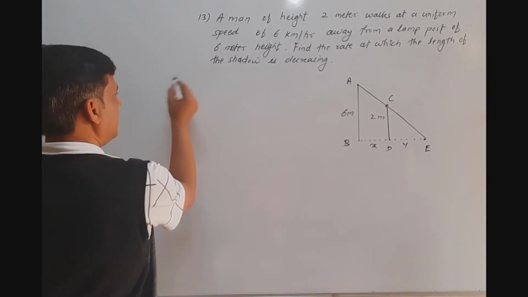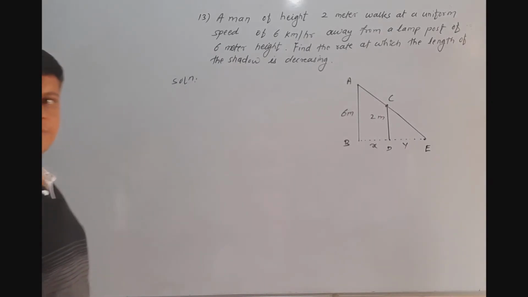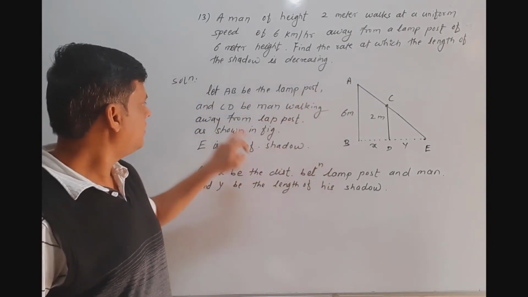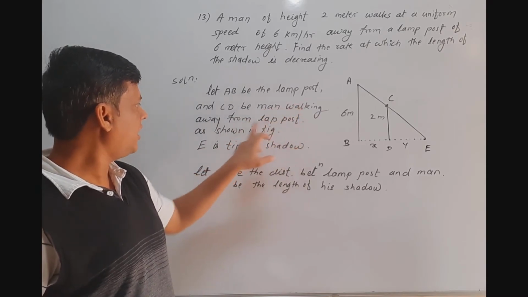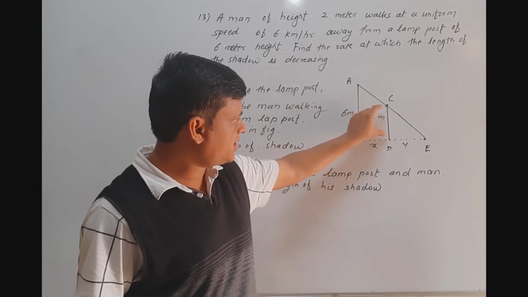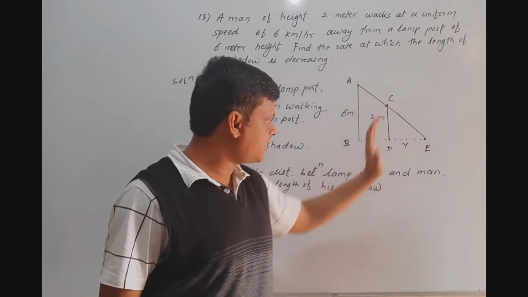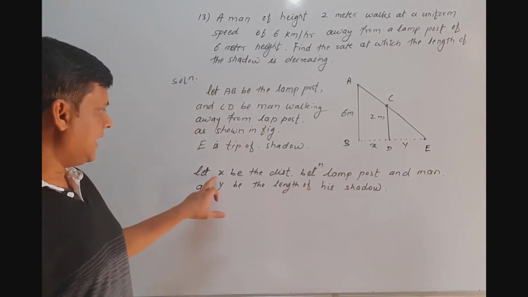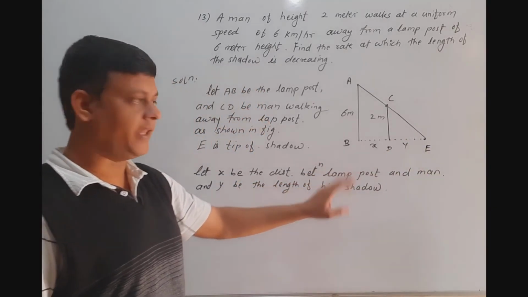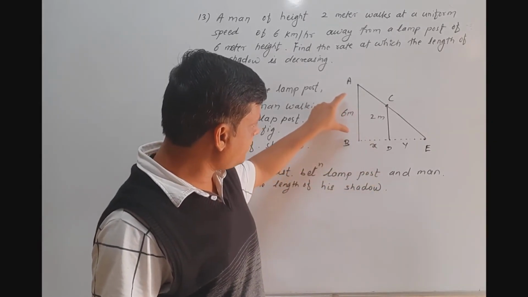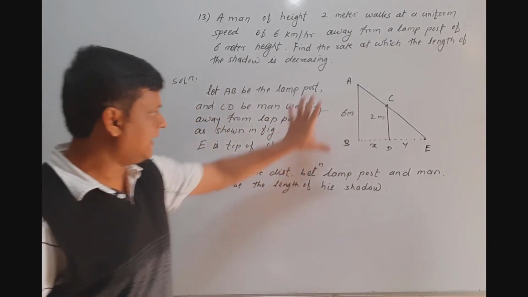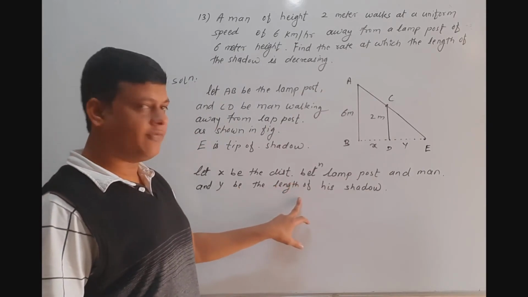So in the solution we write: let AB be the lamp post and CD be a man walking away from the lamp post. E is the tip of shadow. Let x be the distance between lamp post and man, and let y be the length of his shadow.